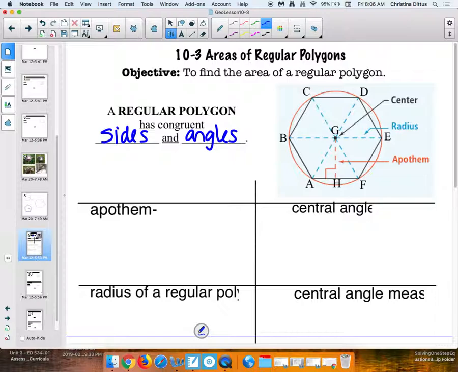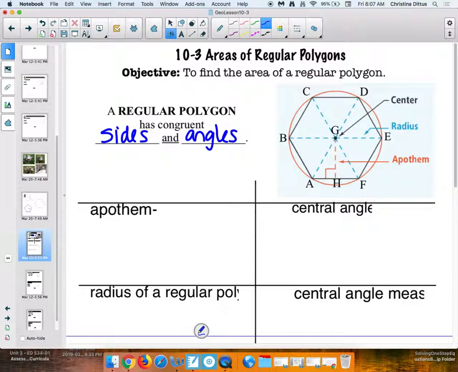We got like 4 different vocab things. The first one, I pronounce it opossum. I think it's technically apothem or something like that, but I just don't like the way that sounds. So to find your opossum, that's this thing right here, like GH.